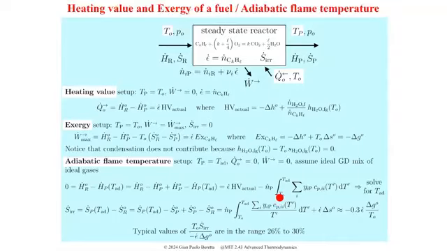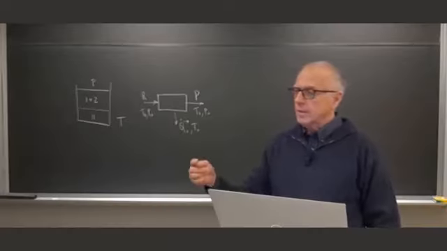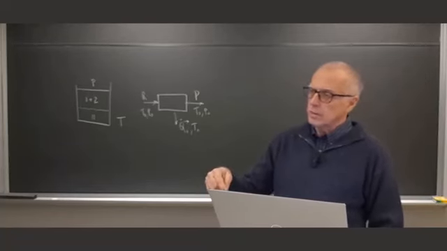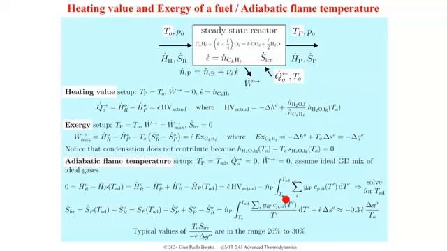You can actually start even from standard temperature, even for water, because in the heating value, which is on that part, you assume that water is in the fictitious gaseous state. So you can use those correlations for specific heats and integrate. Of course, this gives you an equation in which T adiabatic is the only unknown, and you can solve for it.